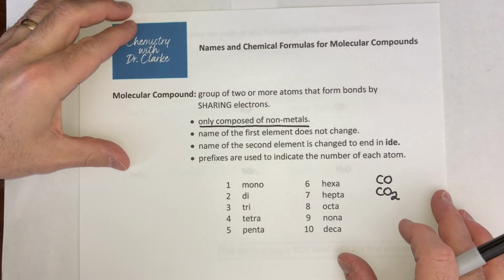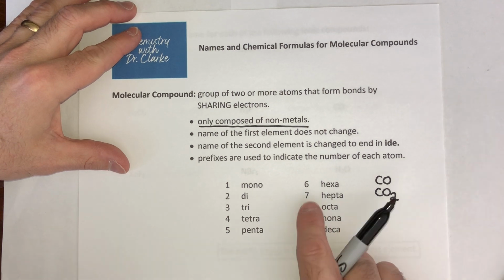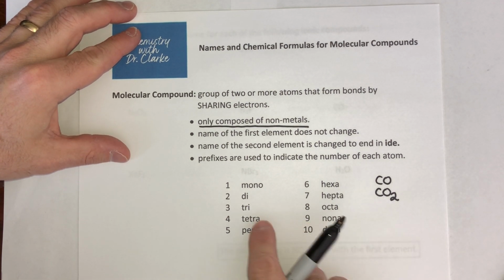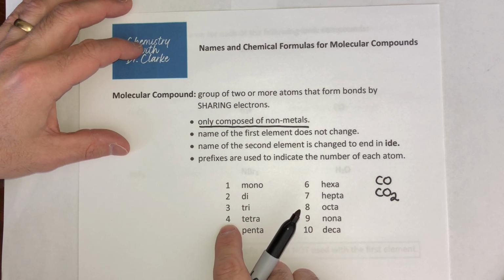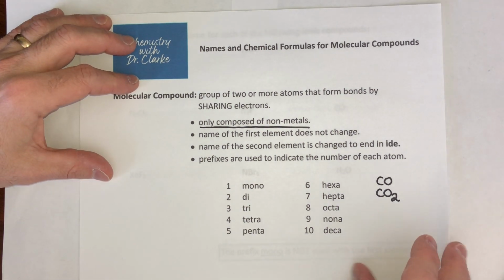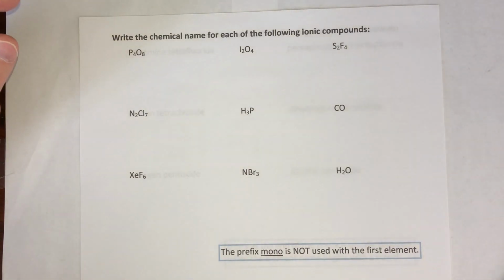Some of them are a little unusual and we don't use them a lot, like hepta for 7, or nona for 9, or tetra for 4. A few of them are going to be a little harder to remember than others, but you really need to sit down and memorize them. Can't say it enough.